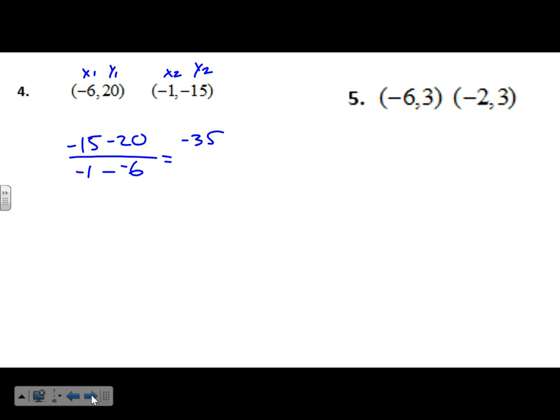Then negative 1 minus negative 6. Again, a lot of people know that when you minus negative, you need a plus, so a lot of people put 7 for this. No, it would be negative 1 plus 6, but again, just put it in your calculator. Don't make this harder than it has to be. I even still do that a lot of times just to check my work. So negative 35 over 5, reduce that down, you get negative 7 over 1, which is just negative 7.